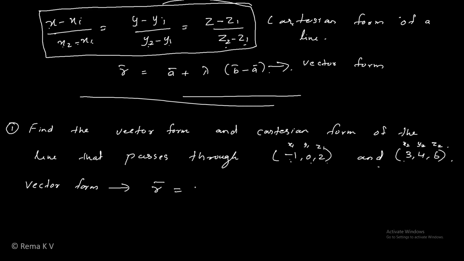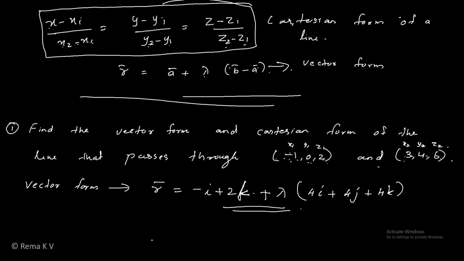The position vector here is minus 1i plus 0j plus 2k, plus lambda into vector b minus vector a, that is, x2 minus x1, 3 minus minus 1, it is 4i, plus 4 minus 0, it is 4j, plus 6 minus 2, it is 4k. This is the vector form of the line.